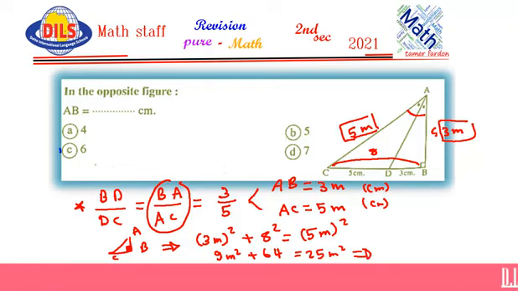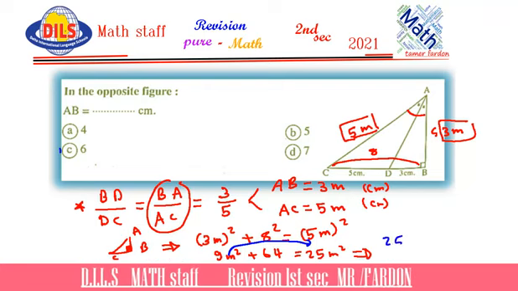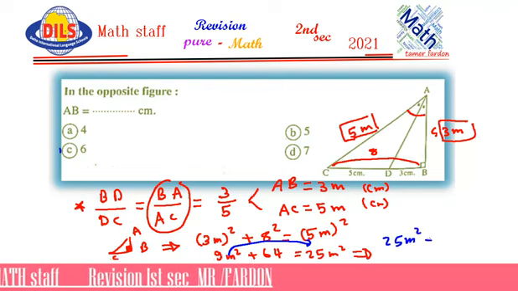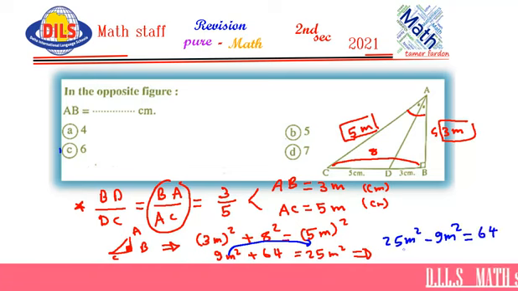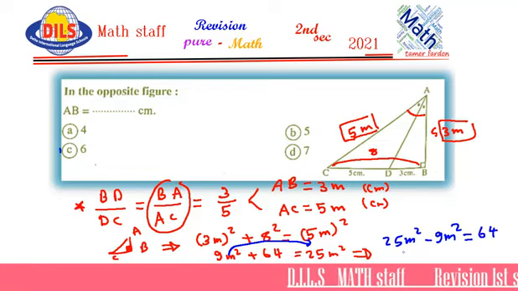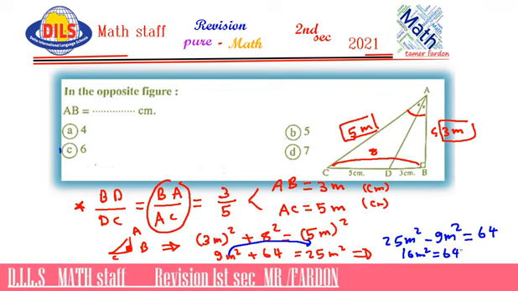Move 9m power 2 to the opposite side, we get 25m power 2 minus 9m power 2 equals 64. So 16m power 2 is equal to 64.